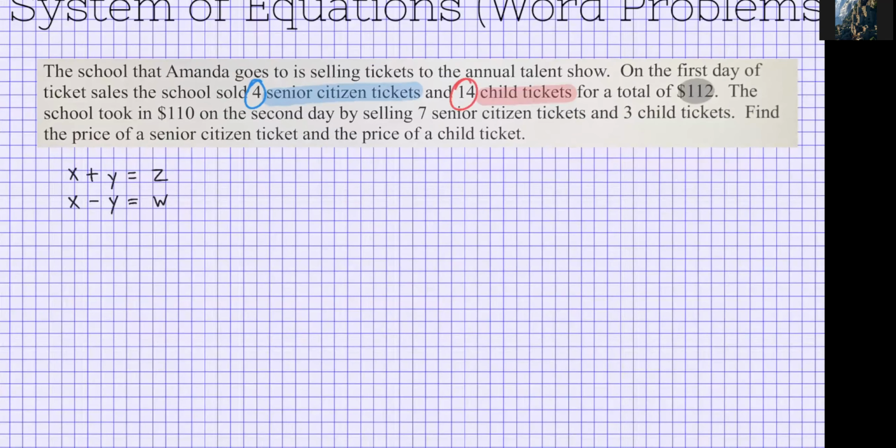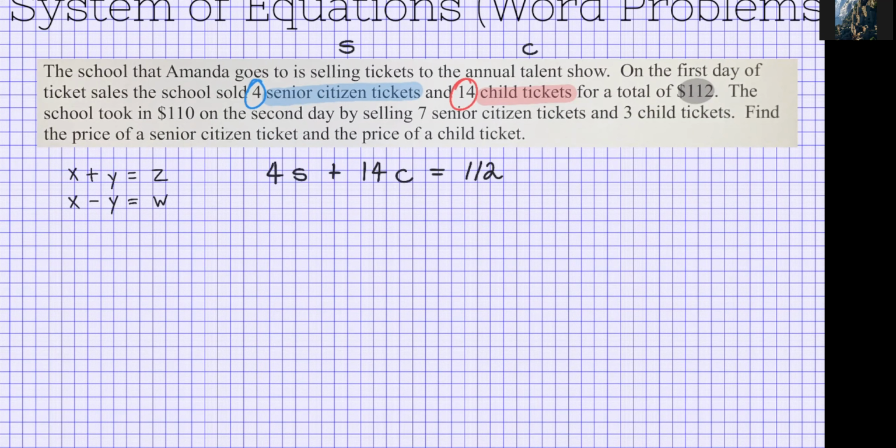So if we call the senior citizen tickets our variable S and the child tickets our variable C, then we can come up with this idea that 4 senior citizen tickets and 14 child tickets equals an amount of $112.